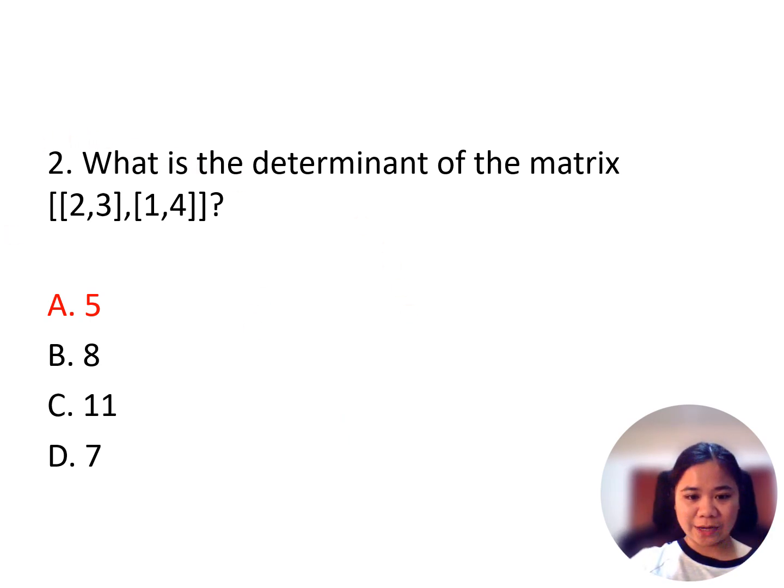Okay, let's write it. So for example, this is the matrix with 2 and 4, and also our elements 3 and 1. For example, this is 4.